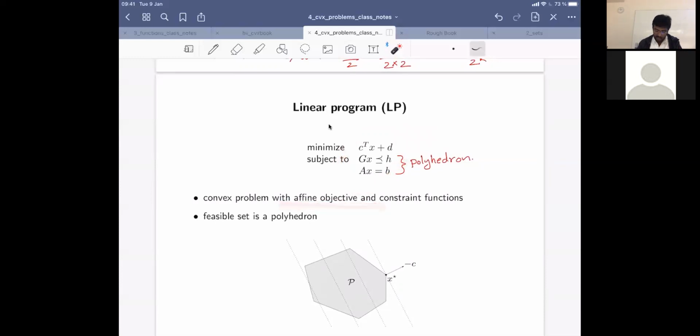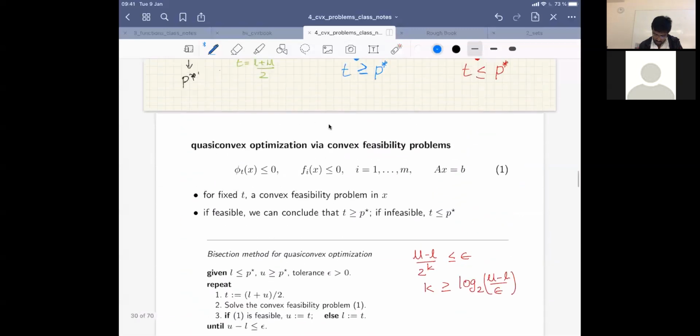And the constraints: the equality has to be affine, a linear equality. There is no doubt in that. If you replace that with a nonlinear inequality, then it is not convex. But initially we had f_i(x) less than, what was it, some b_i or something. I don't remember which notation we followed.